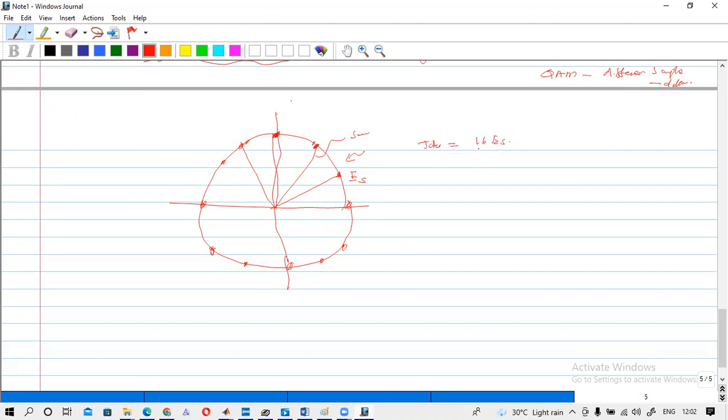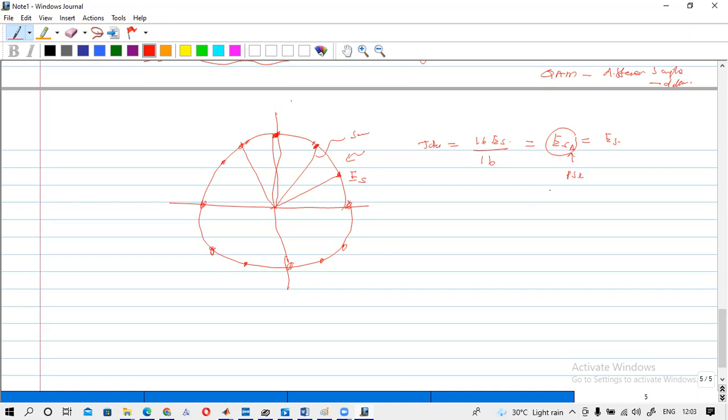And if you divide it by the number of symbols, again you will get Es. So this is the average energy of a symbol, and it is equal to the energy of a symbol because all are same. So this will be the symbol energy of PSK.